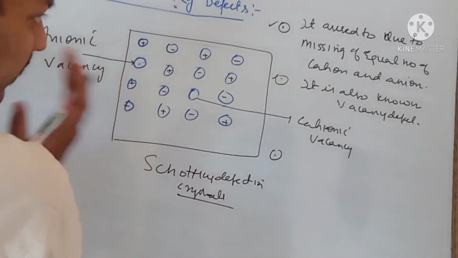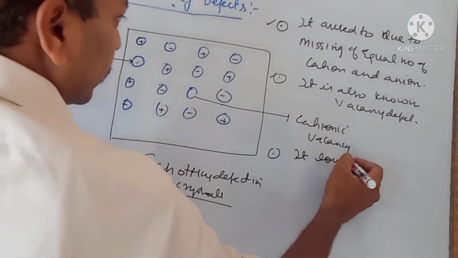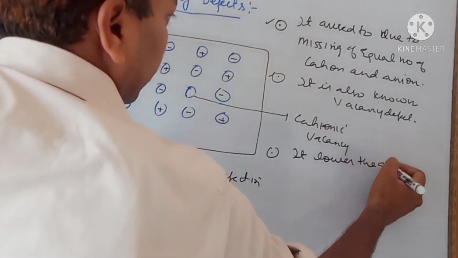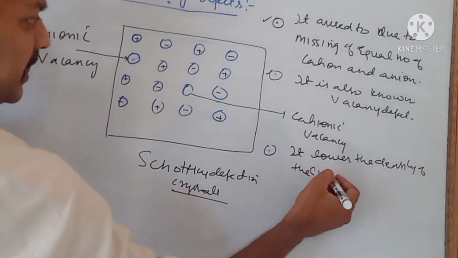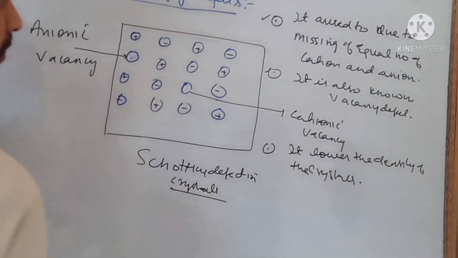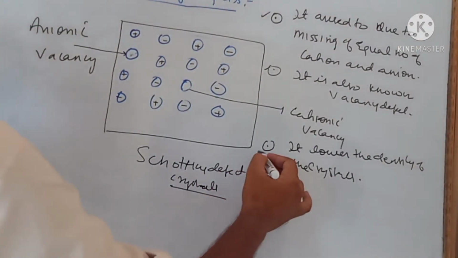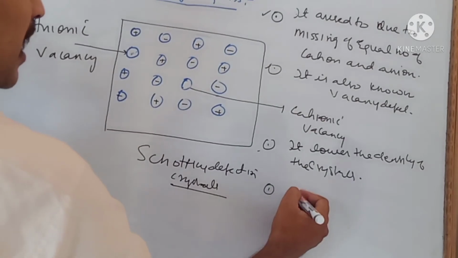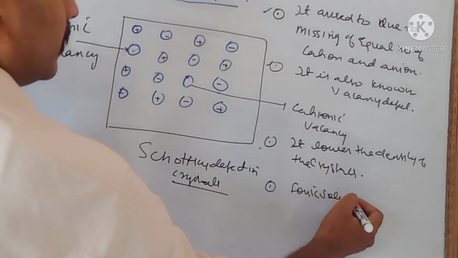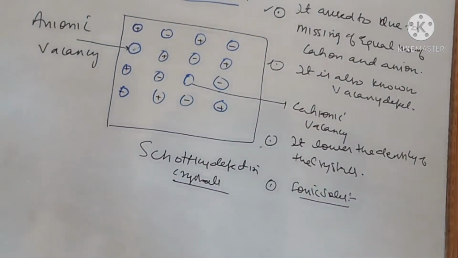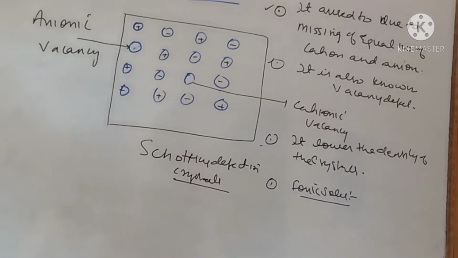Now next point is, it lowers the density of the crystal. And it is seen in ionic solids. So this is the Schottky defect, in ionic solids.